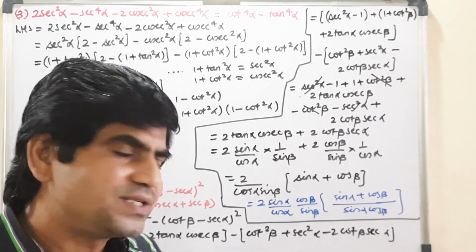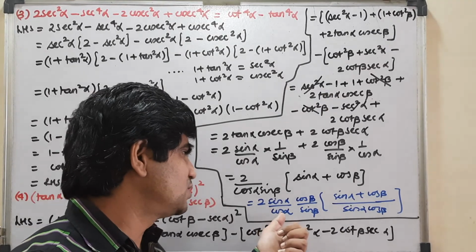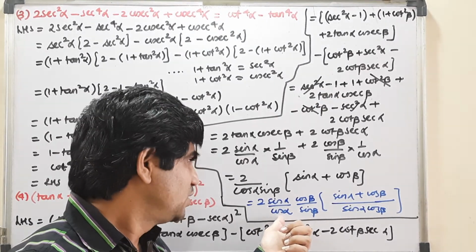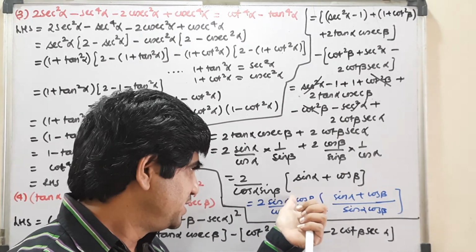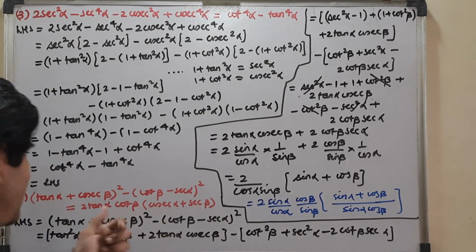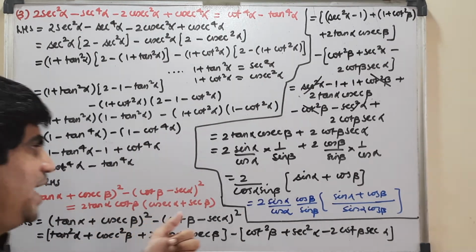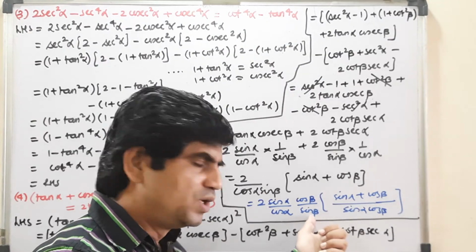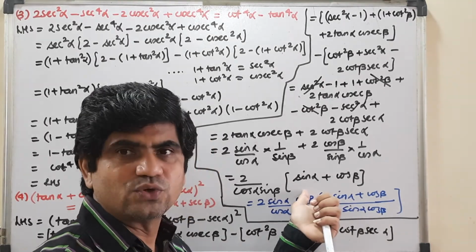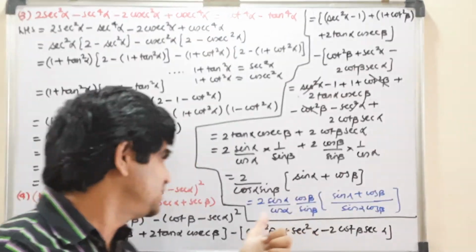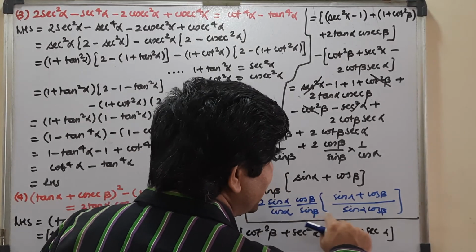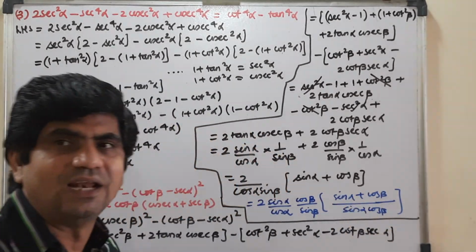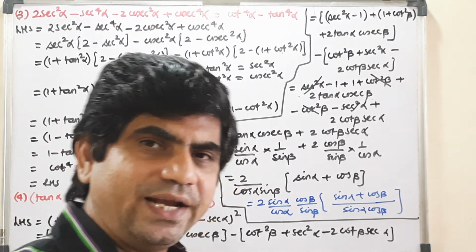Why did I do this? Because here was cos alpha. So if I take sin alpha over here in the numerator, this will become tan alpha, which is required. And here was sin beta. So if I take numerator as cos beta, I will get cot beta, which is required. And since I multiplied by sin alpha cos beta, here also it will multiply by sin alpha cos beta. Agreed?